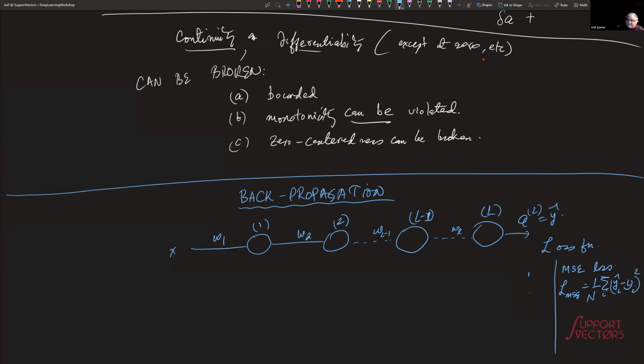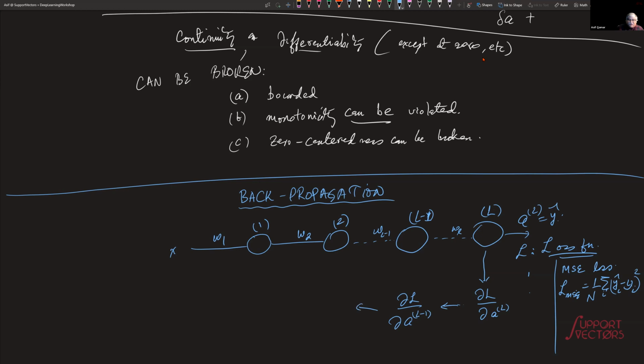So now what do you do? If you have a loss function L, then you can compute the gradient of the loss with respect to the activation, with respect to y hat, for example, the activation of the last layer. If you can do that, this will help you compute the gradient of the loss with respect to A L-1.